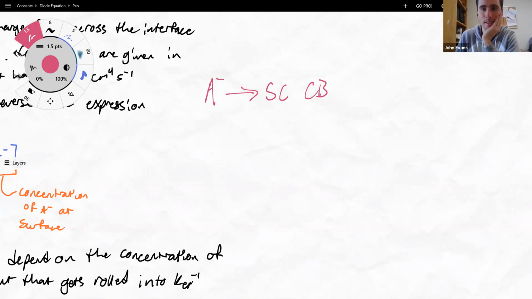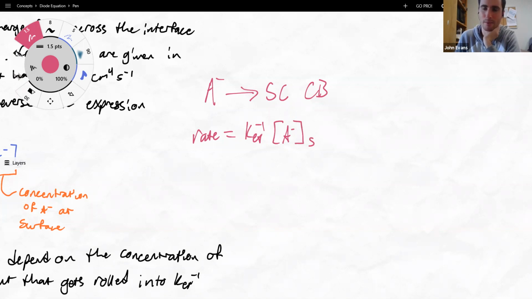So if we make a rate constant expression, and we assume, again, bimolecular kinetics, first order in both, we're going to say KET to the minus 1. Remember, this is just the reverse rate constant, not necessarily to the minus 1. And we're going to multiply by the concentration of A minus at the surface. That makes sense.